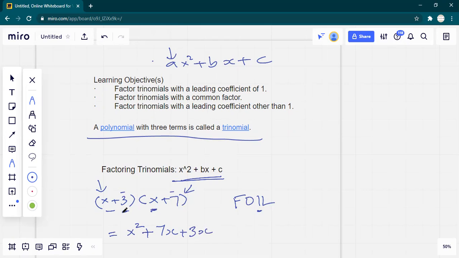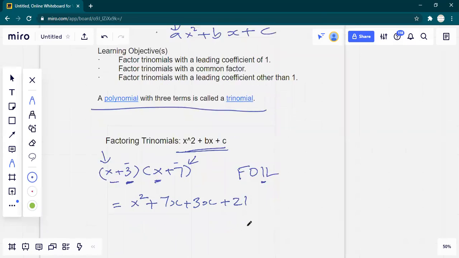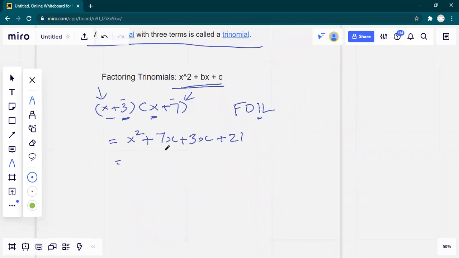And finally the product of the last terms, 3 times 7, is 21. If you combine the like terms, 7x plus 3x is 10x. So the final form of the trinomial is x squared plus 10x plus 21. This is the product form, the product of the two binomials.